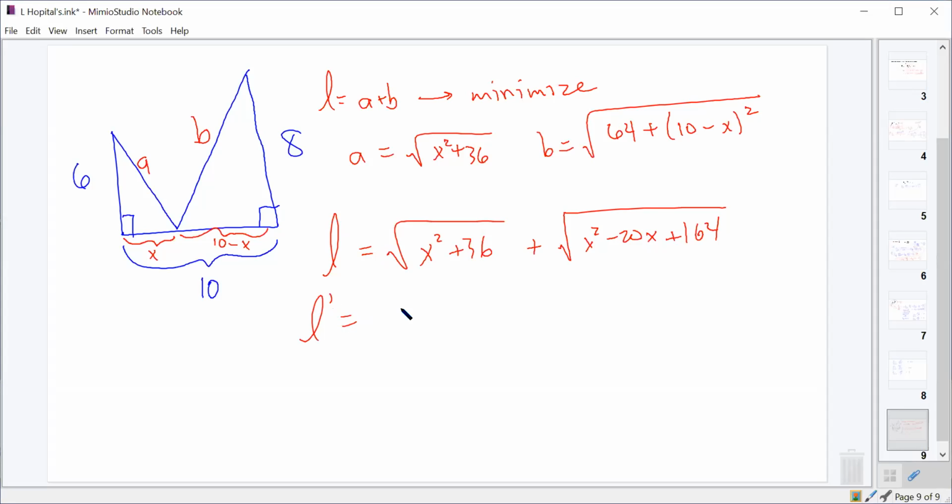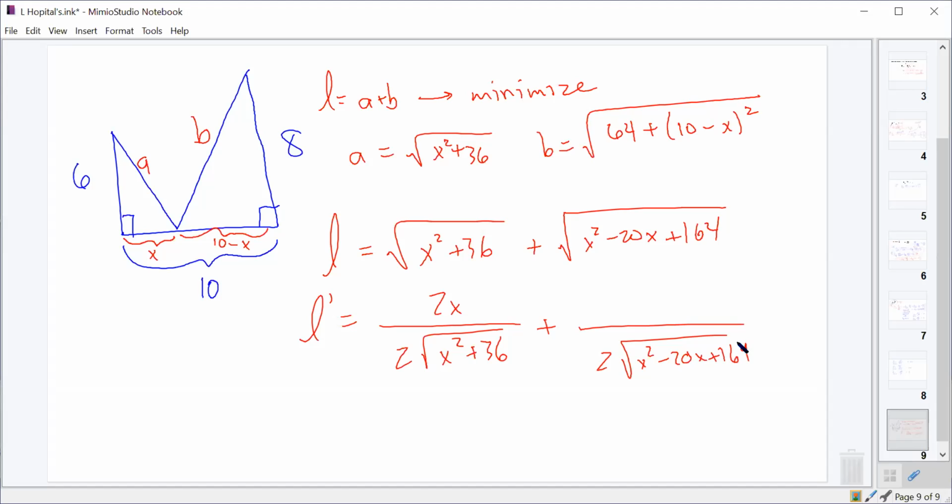So L prime ought to be 1 over 2 root x squared plus 36 times the derivative of x squared plus 36, which ought to be 2x, plus 1 over 2 square roots of this, x squared minus 20x plus 164 times the derivative of that, which ought to be 2x minus 20.